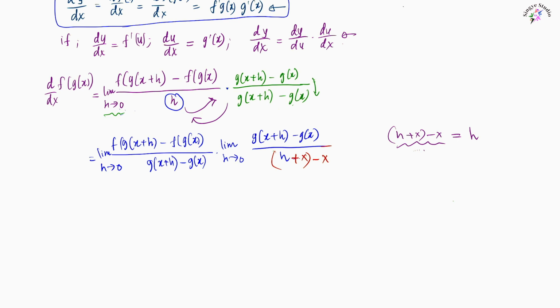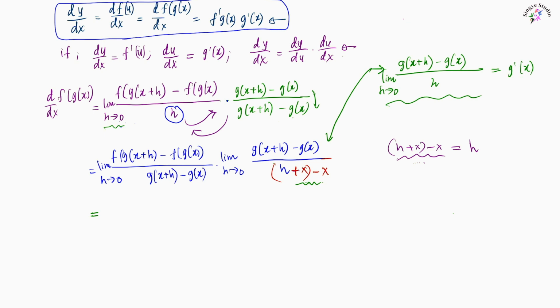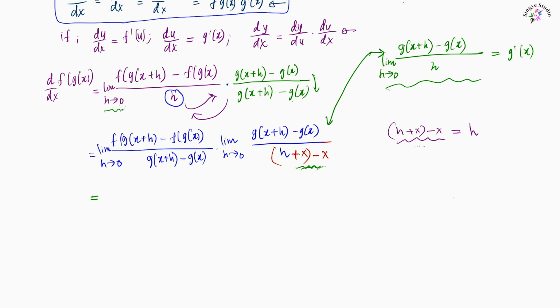Now we can see that this value is the same as the limit as h approaches 0 of g of x plus h minus g of x over h, which is itself the limit definition of the derivative of the function. Here x is the input of this function, and h plus x is the input of this function.